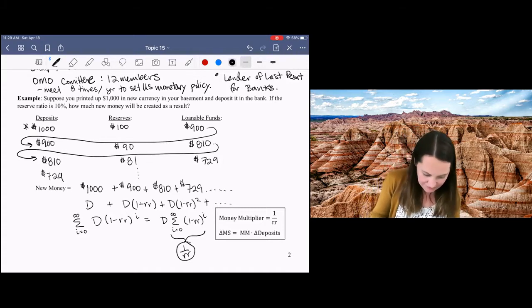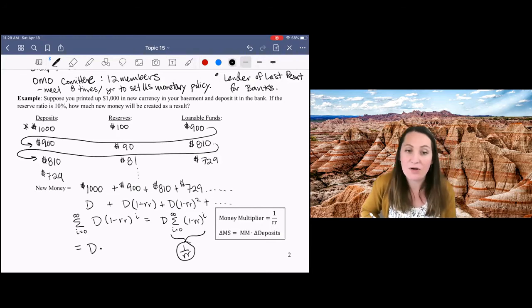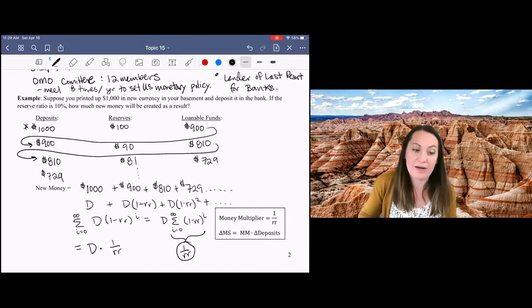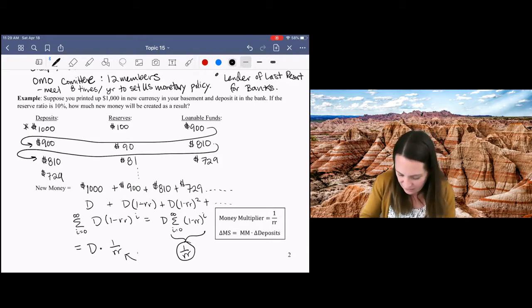We call this the money multiplier because if we take the amount of new currency or the amount of new deposits and multiply it by 1 over the reserve ratio, we will get the amount of new money that is created. So this term here, 1 over the reserve ratio, is called the money multiplier. And I've written that out for you here in this box.